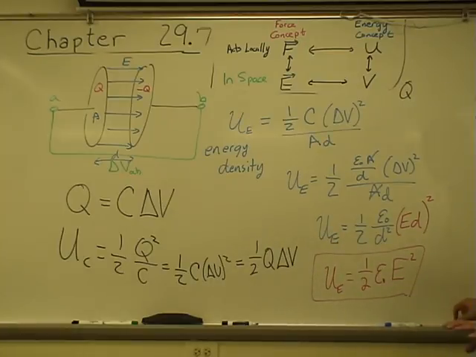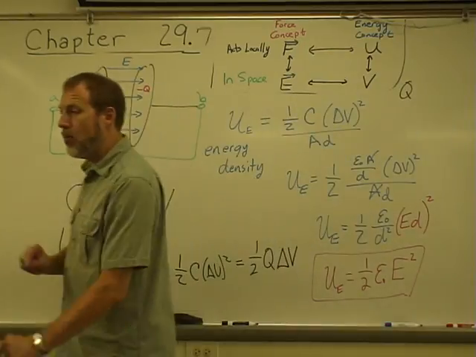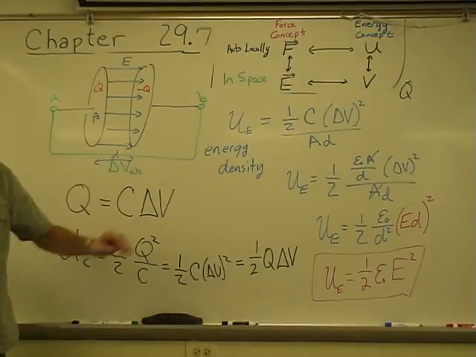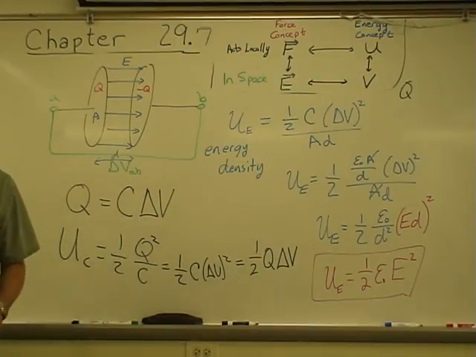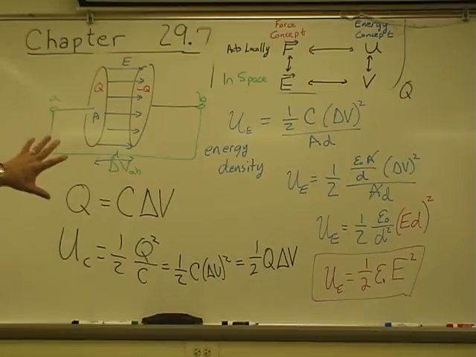We don't have to know the geometry. We just know the electric field. We can find the energy stored in that space. Now, this is for open space. Let's look at a different example when I've got something in between there.